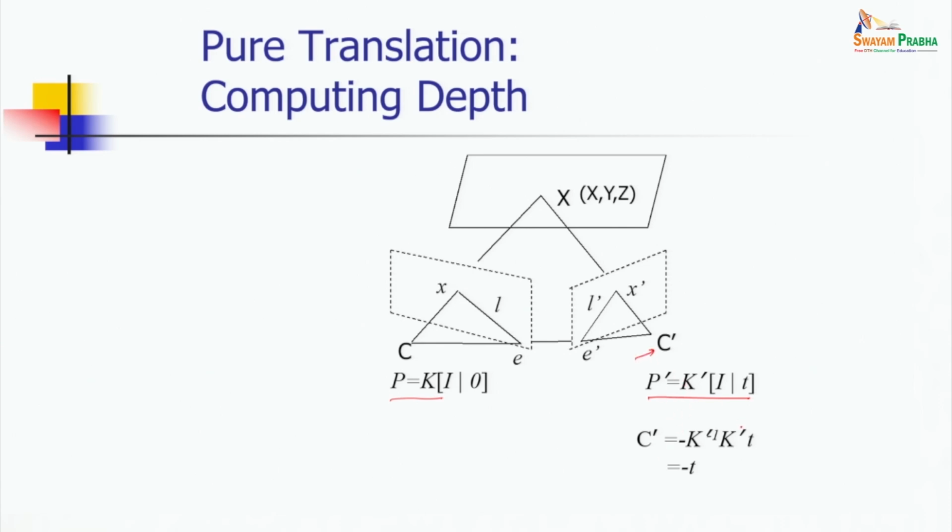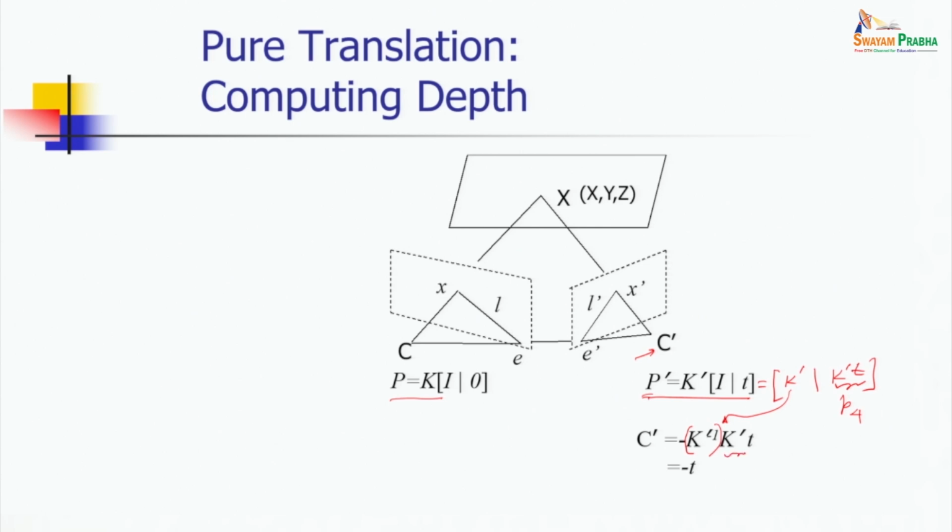As you know, the camera center can be obtained from P prime itself, because this one can be written as K prime times R and T, which means that it is minus of K prime inverse, the 3 cross 3 submatrix, and this is a 3 cross 1 column vector like P4.